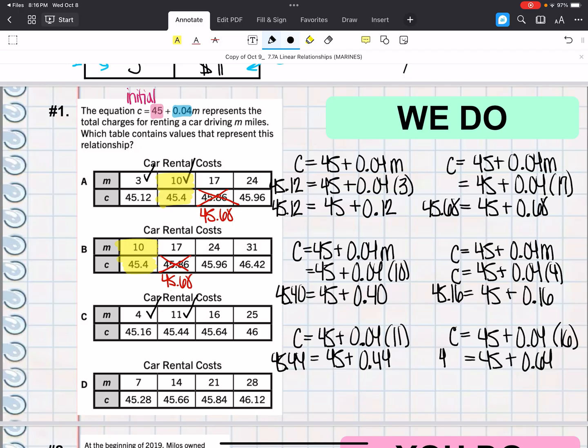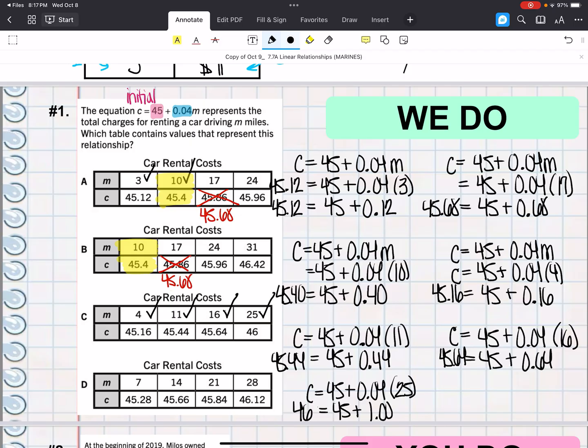So for 16 miles, it should come out to 45.64, and that one is correct. But we still have to check the last one. Using our same formula of 45 plus 4 cents times, in this case, 25. So here we have 4 cents times 25, and that's going to give us $1 whole. Now for a total of 46.